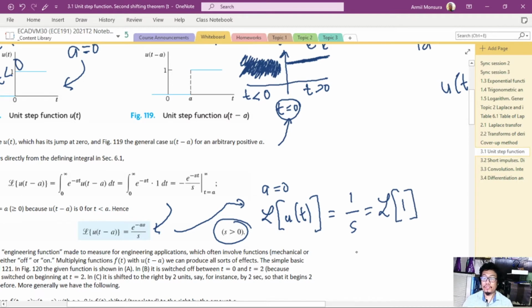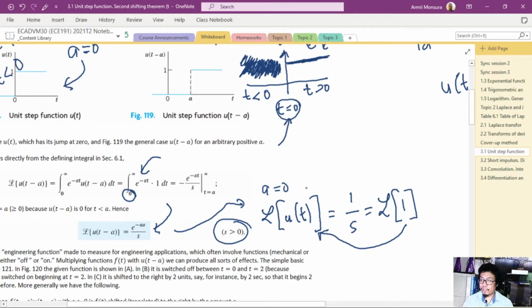If you interpret this function, the constant function 1 and this one, they are actually the same, which is basically the same when we are considering the limits for your Laplace transform integral, in which the lower limit is 0. So essentially, the integral ignores whatever is to the left of t equals 0.